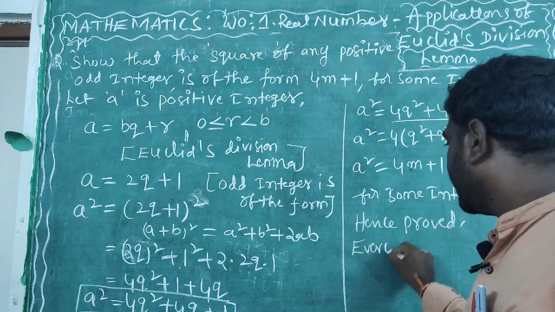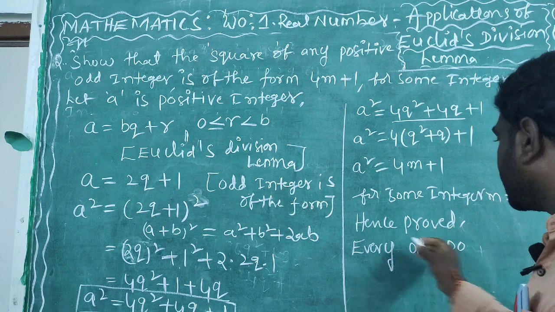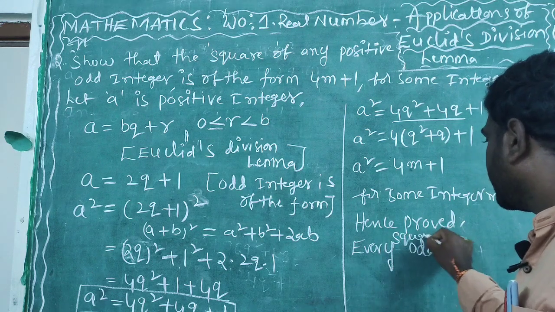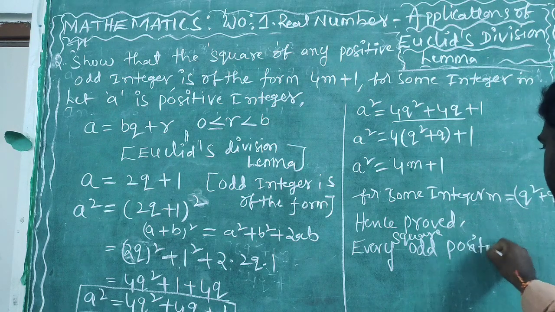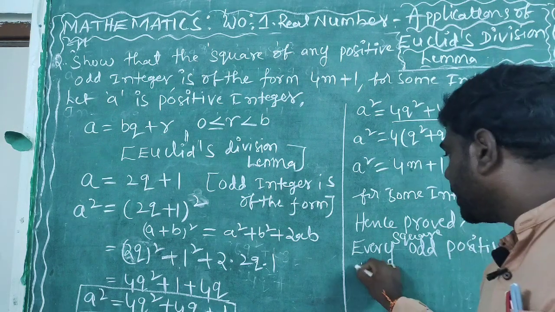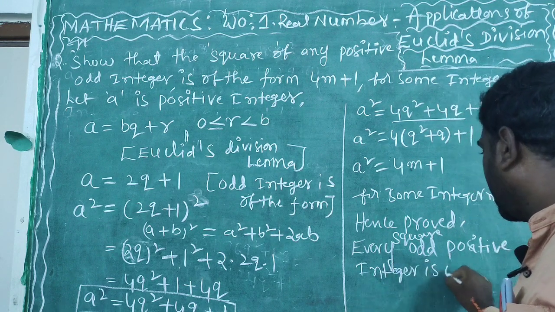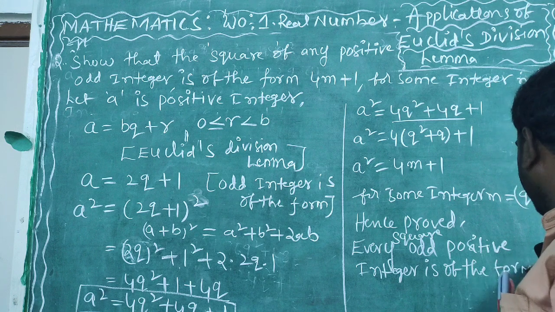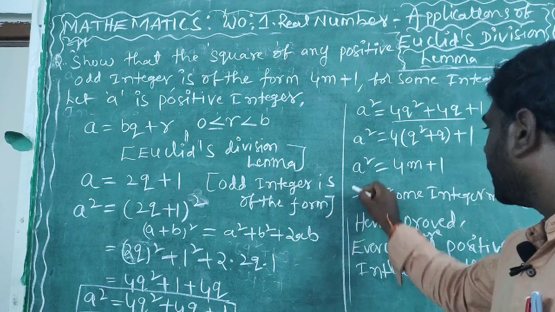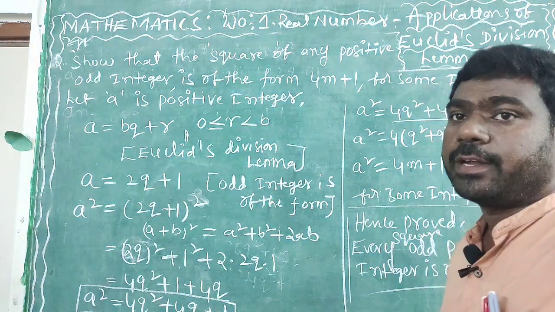Every square of an odd positive integer is of the form 4m plus 1. This is the answer of that.